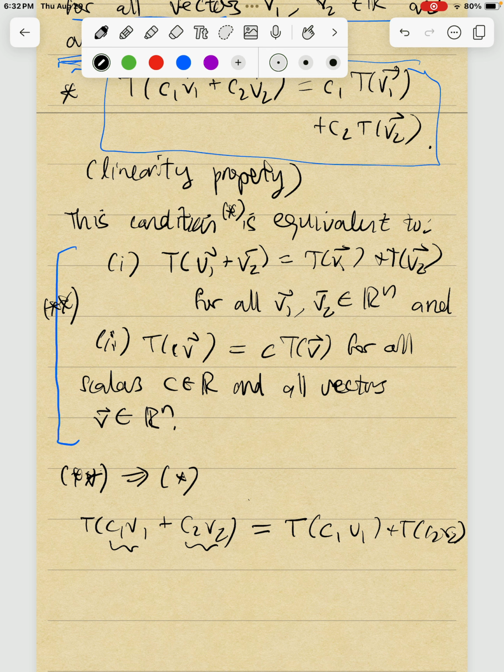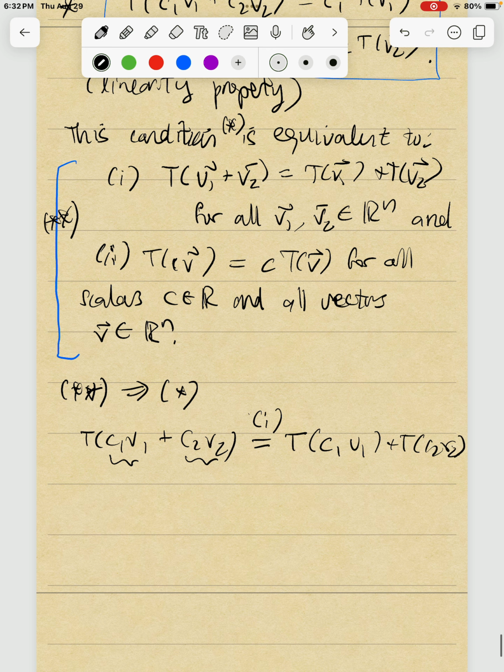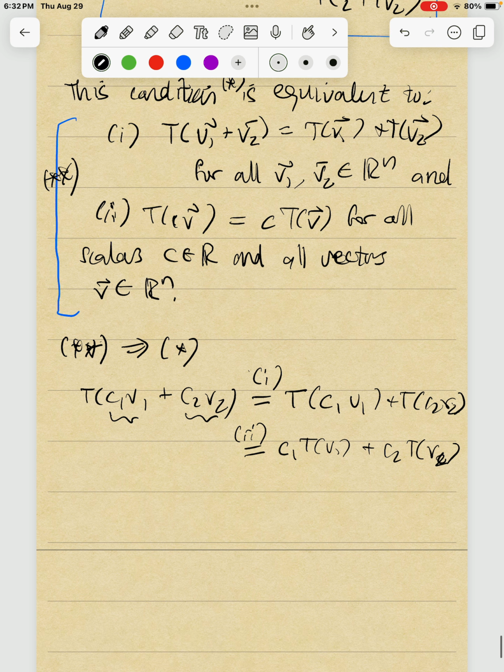So this is by 1. And then by 2, T of c1 v1 is just c1 T of v1. So this is c1 T of v1 plus c2 T of v2. And so we see that T of c1 v1 plus c2 v2 is c1 T of v1 plus c2 T of v2, which is precisely condition 1.